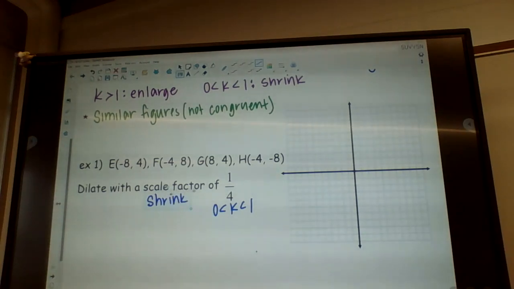So just knowing that going into that is probably helpful, just so that we know what it should look like when we're done. We'll talk about how we do that in a second here. So I'm going to graph it first.